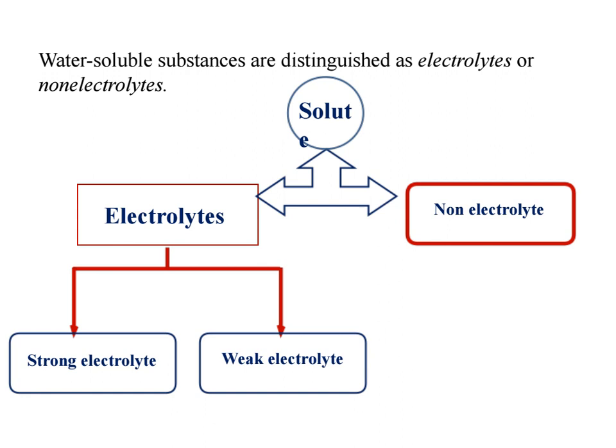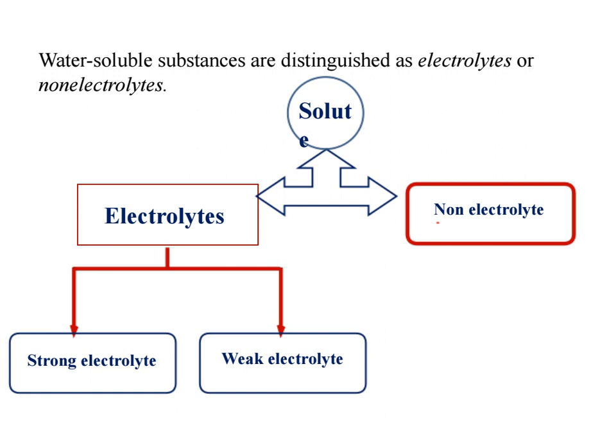If it ionizes, it conducts electricity, if it does not ionize, it does not conduct electricity. Based on this concept, the solutes are classified into two types, that is electrolytes and non-electrolytes.